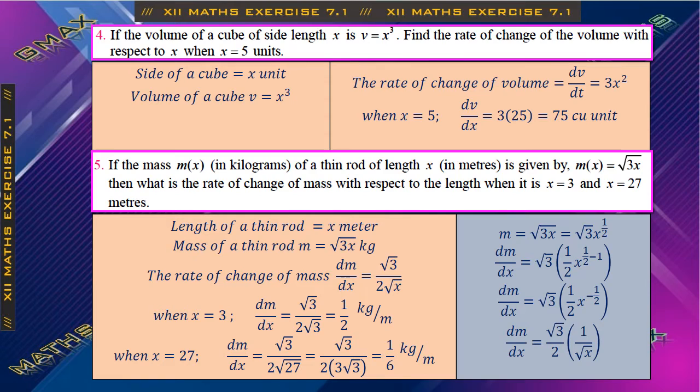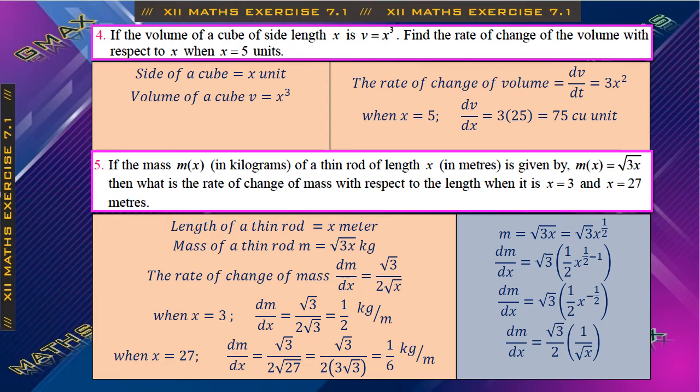Next, the mass m of x in kilograms of a thin rod of length x is given by m of x equal to root 3x. Then at what rate does the mass change with respect to the length when x equal to 3 and 27 meters? Length of the rod is x. Its mass is given, m of x equal to root 3x.